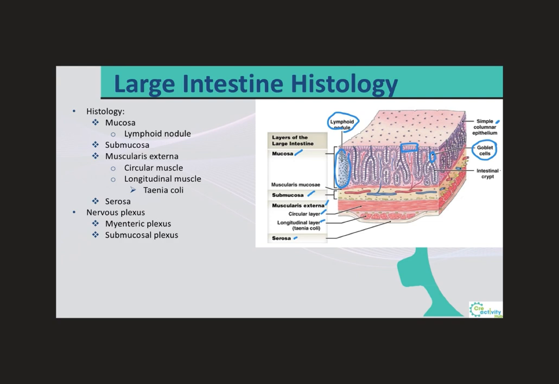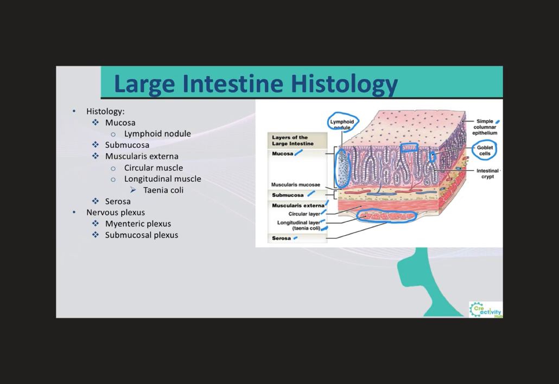Another difference that we can see is that the longitudinal muscle layer is actually shortened when compared to the rest of the digestive tract, and it will form what we call a taenia coli. So it is still made up of smooth muscle, but it's thinner, and we will see on the next slide how it is arranged within the large intestine wall.